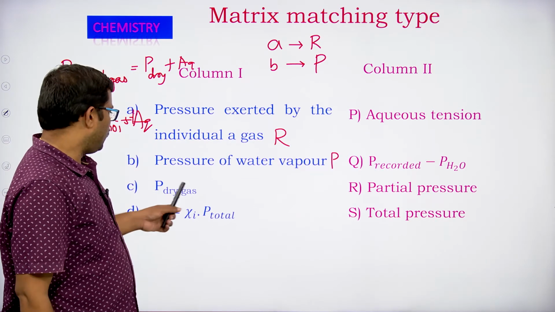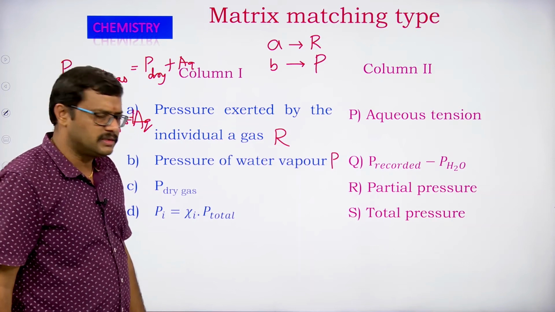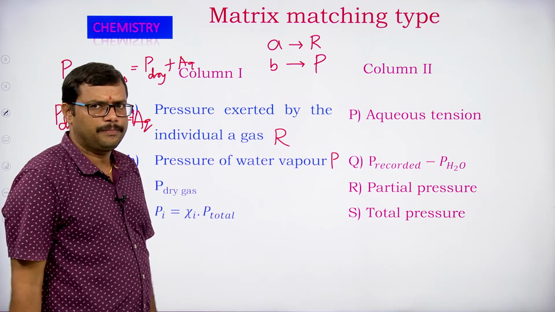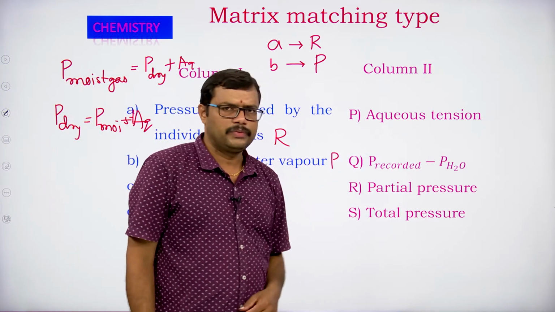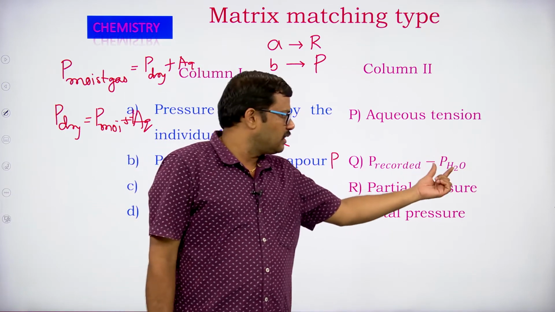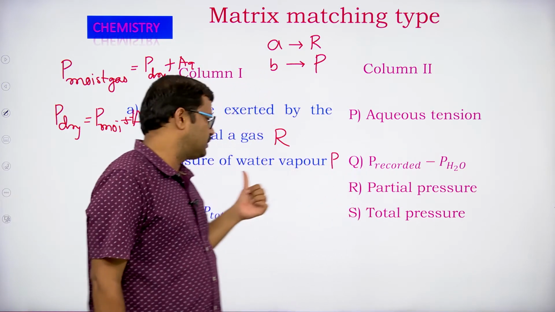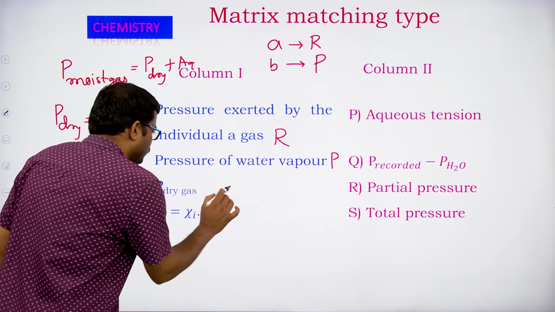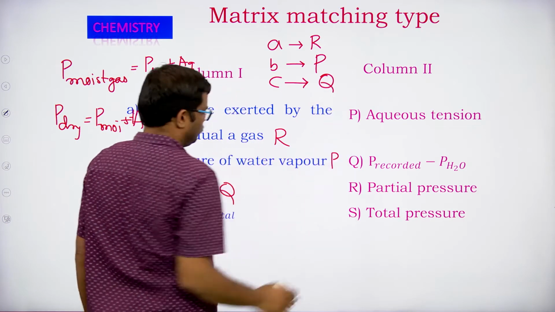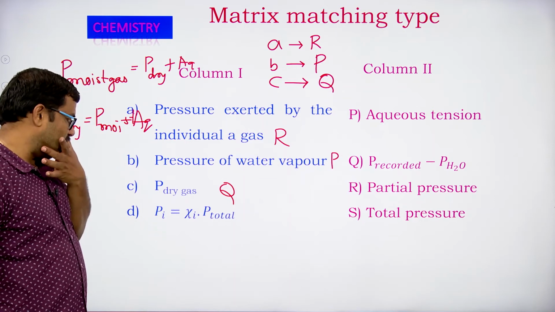So, pressure of dry gas is nothing but the recorded pressure minus the pressure of water vapor, that is aqueous tension. So, C is Q. So, C correlates to Q. Very good. Then look at the last one, D.